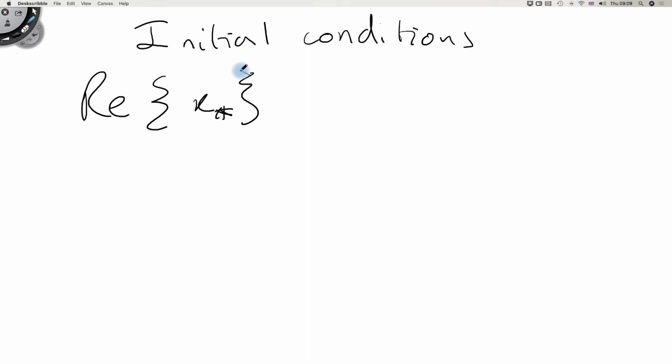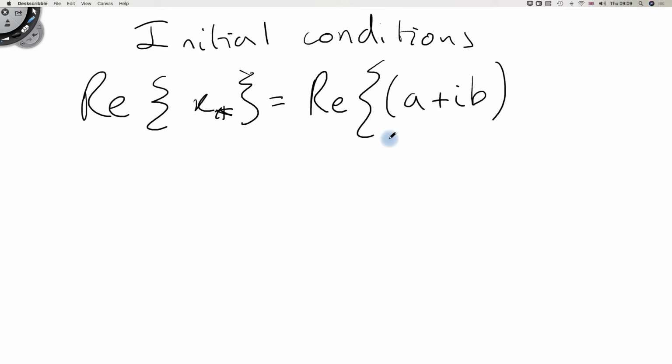I put it as x star, it should really be the real part of x star. Small correction there. Is the real part of a plus ib, which was set by initial conditions, and then cos omega t plus I sine omega t.